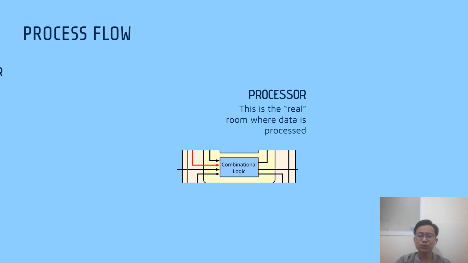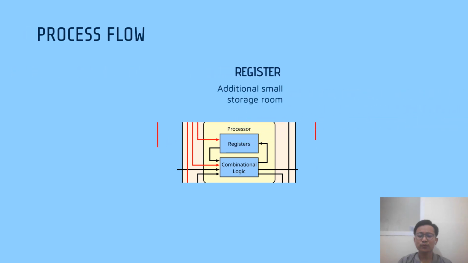Most of the time, the performance itself will not suffice, but we need some storage rooms. It is small, to handle the temporary data from combinatorial logic which will then be reprocessed again.